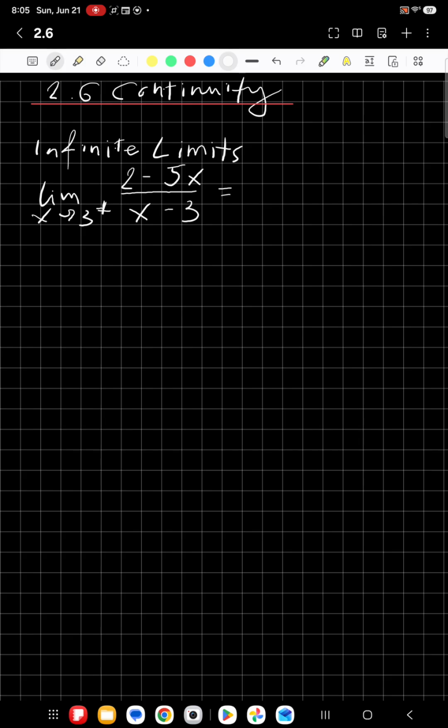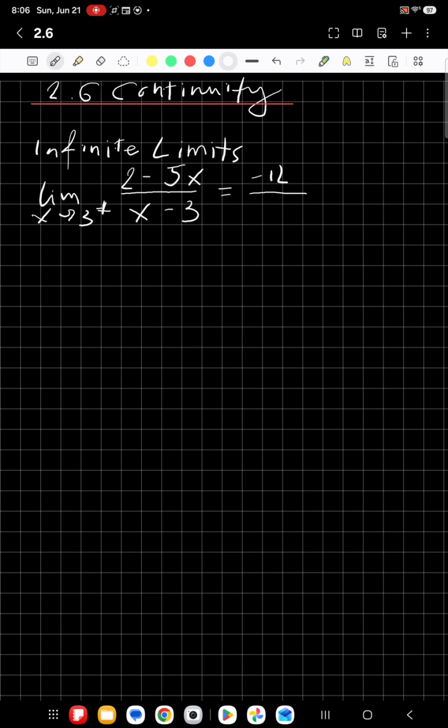So what we'll do, we'll simply take that 3 and substitute that 3 for x in the numerator. Okay, so let's do that. So if I do that, I will get 2 minus 15, so that's going to be negative 13, maybe negative 12. Okay, so we have a negative number, and if we plug in a number that's slightly bigger than 3, like 3.1, we're going to get a positive number in the denominator.